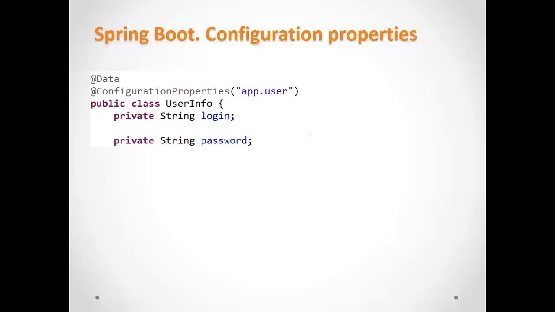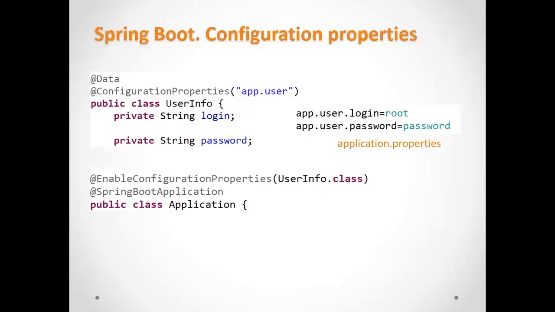If you put the annotation ConfigurationProperties, and specify the base prefix in this annotation, and in your properties file or in your environment, you add the properties where the base prefix is app.user and the suffix is the same as the field names in the UserInfo class, then if you add the annotation EnableConfigurationProperties and add the UserInfo class as an attribute, then Spring will detect such configuration and automatically load it.